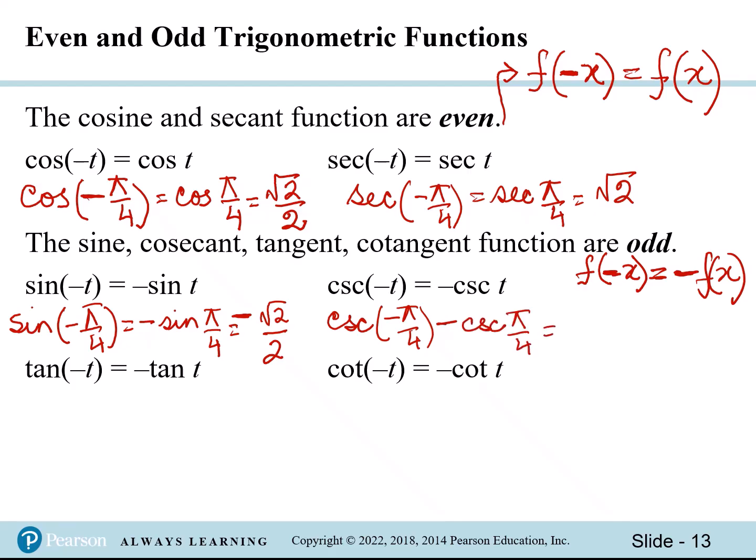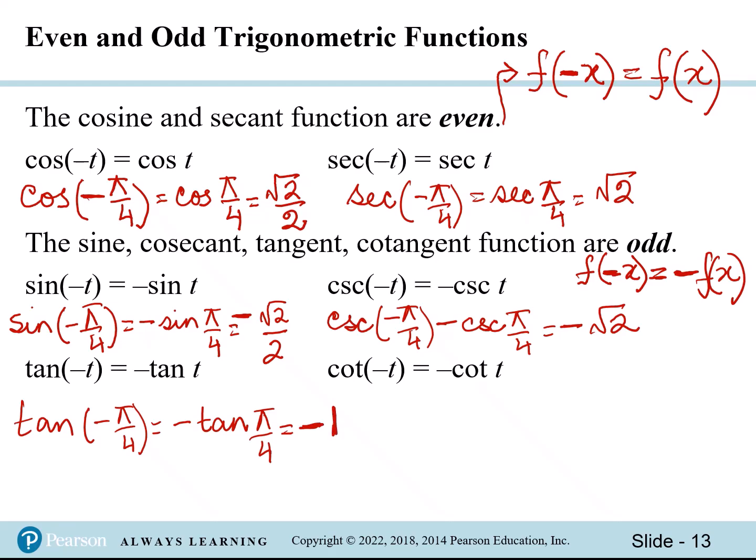For tangent and cotangent, it's the same rule for the odd function. So tan of negative pi over 4 would be equal to negative tan of pi over 4, which is negative 1. For cotangent, it's the same story.